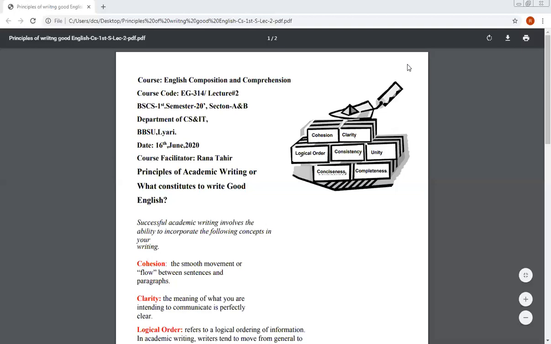In process writing, we also studied that there is a whole process involved whenever we are writing a composition, and particularly paragraph development.